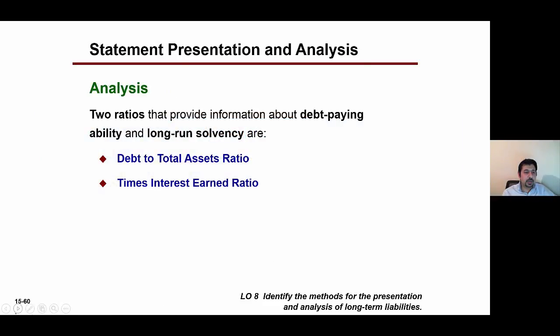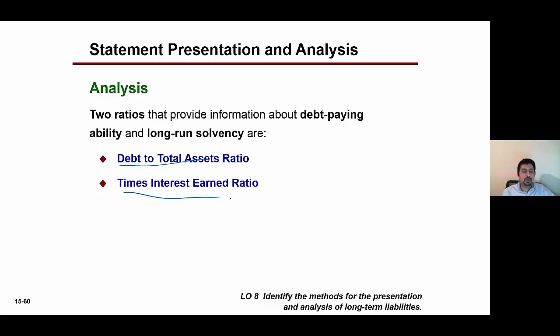Once again, we get to analyzing this kind of information. There are two main ratios that creditors and investors look at when they analyze the ability of the company to meet its obligations, basically the ability of the company to pay its debts, and those are the debt to total assets ratio and the times interest earned ratio.